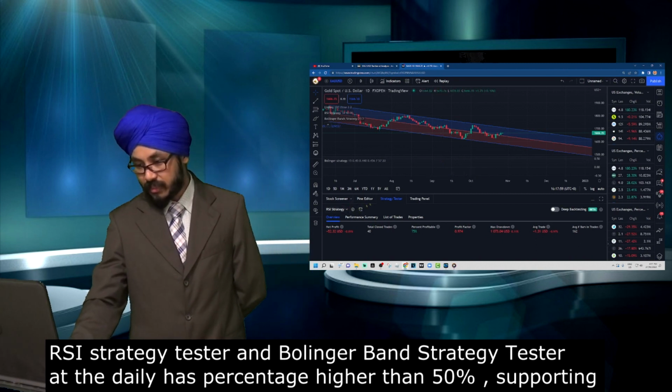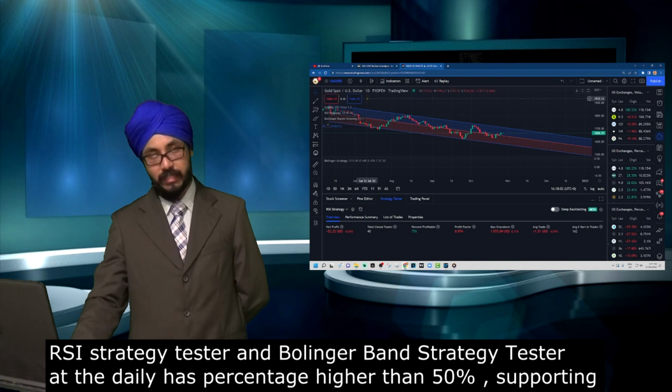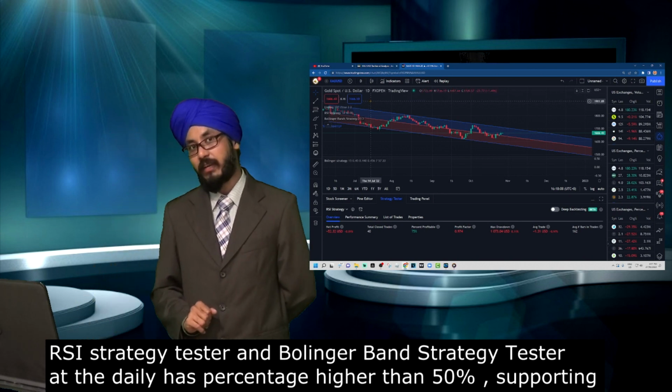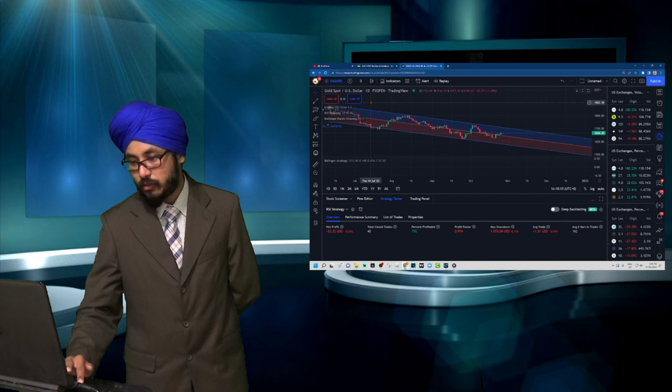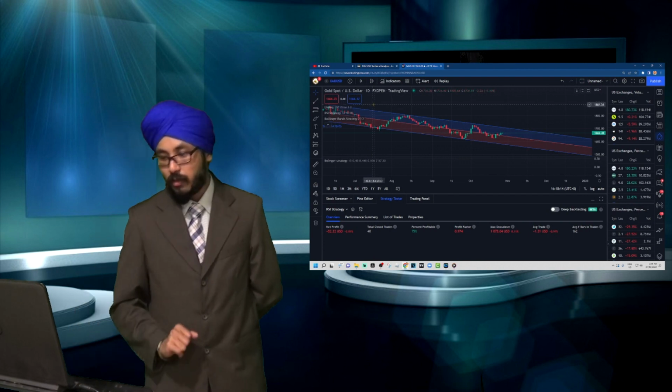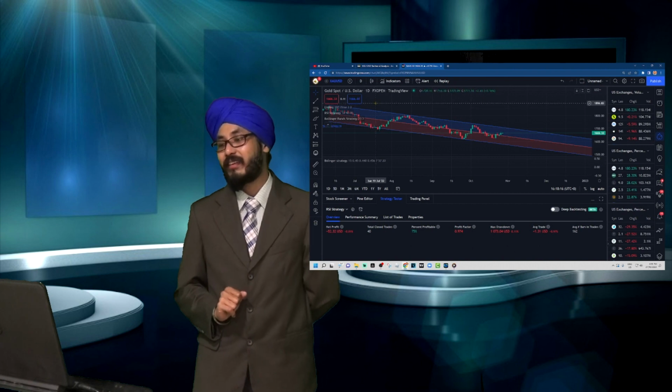And as you can see here, it's 74.47%. We can check it with the weekly, which we will get about 60%. And we can also check with the monthly for the RSI strategy tester, which would be 100%.